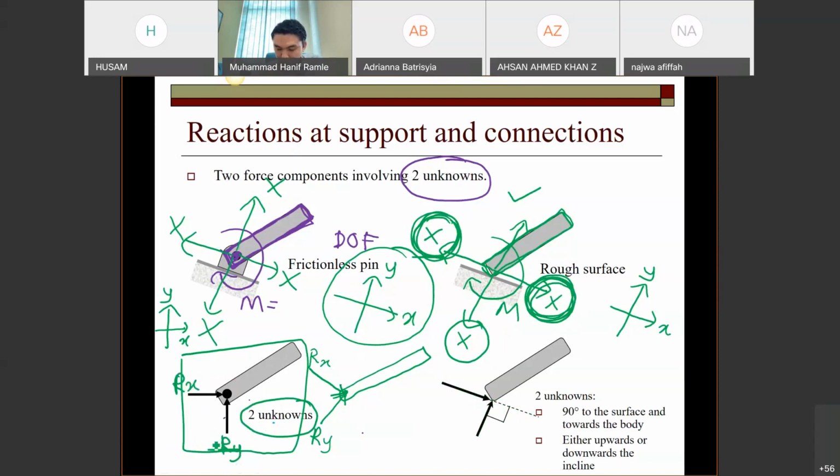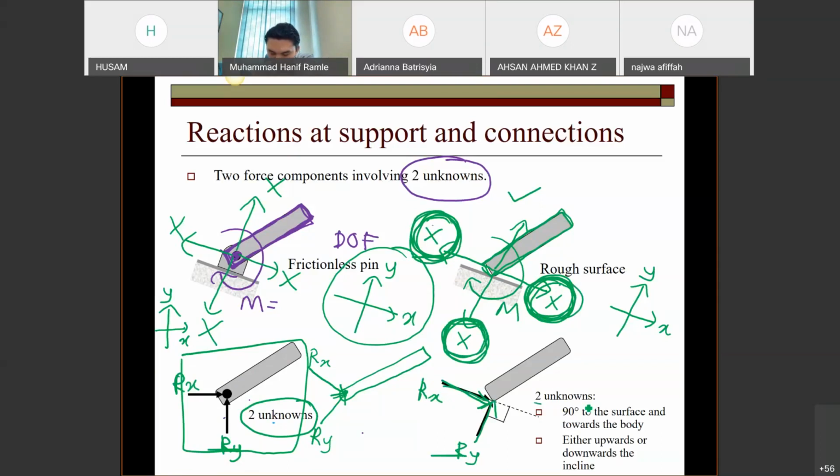So basically we cannot go up, cannot go down. So we do have a reaction here, RY, for example. We cannot go left, we cannot go right. So there is another reaction, which is this one, for example, RX.